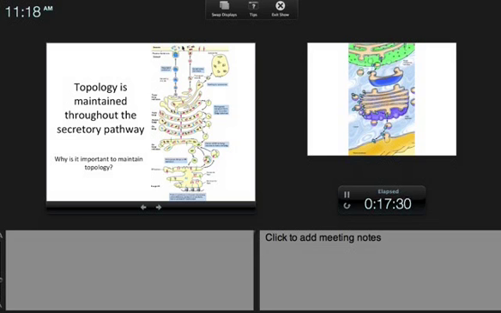So it needs to go in the right way in the ER, and it's going to stay that way all the way to the plasma membrane, because you really want that ligand binding part of your receptor outside of the cell, and you really want that signaling part of your receptor inside the cell. Does that make sense to people? People always get confused on this, so I'm spending a little extra time this year on this concept.